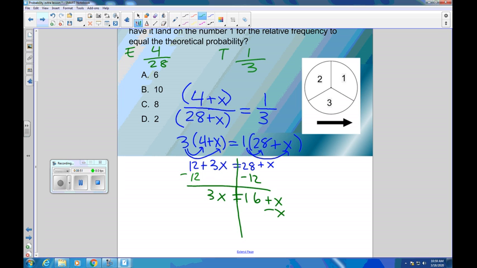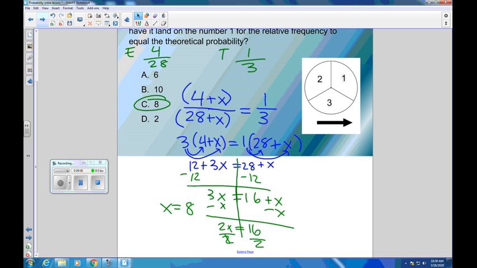Take away x from both sides. Left with 2x equals 16. Divide both sides by 2. And I'm left with x equals 8. So 8 more spins, letter C, for it to equal the theoretical probability.